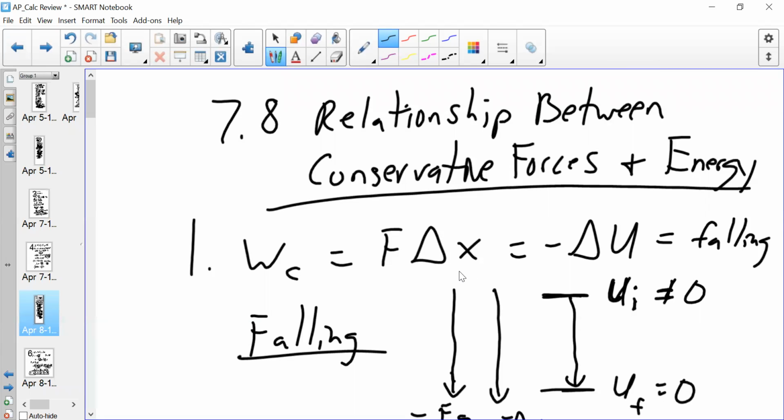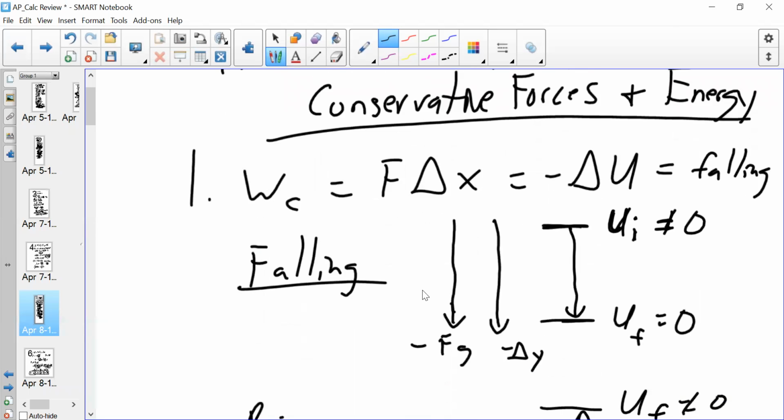And in the case of an object falling to the ground, that's equal to the negative change of potential energy. So we're losing potential energy as the work done by the conservative force of gravity is positive, and then vice versa.